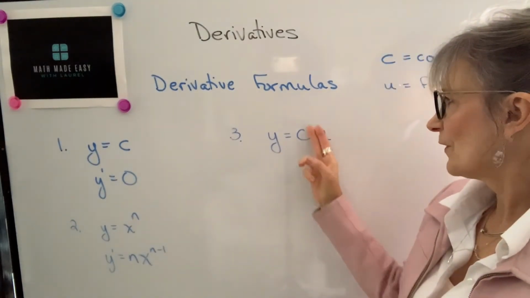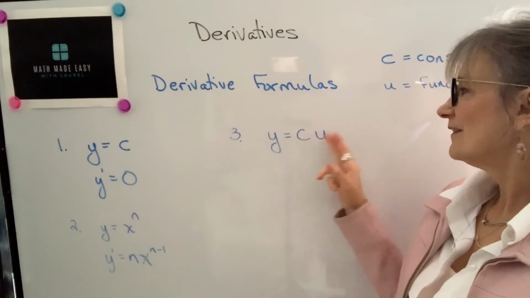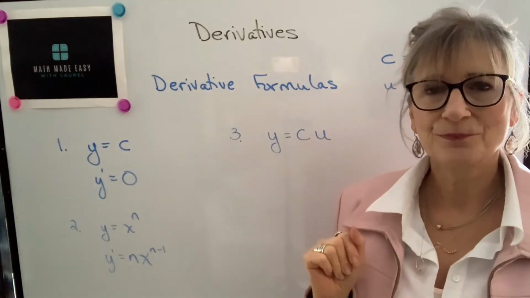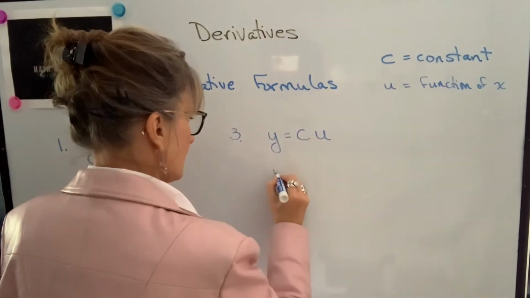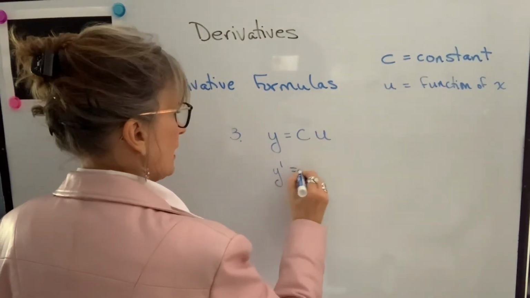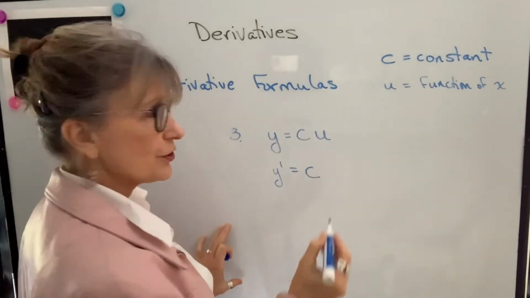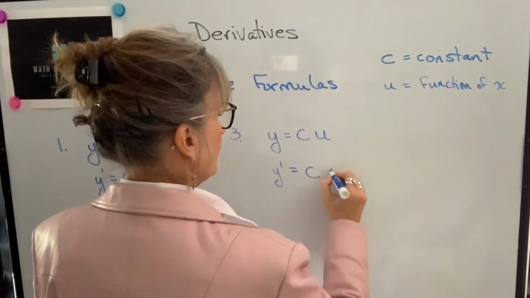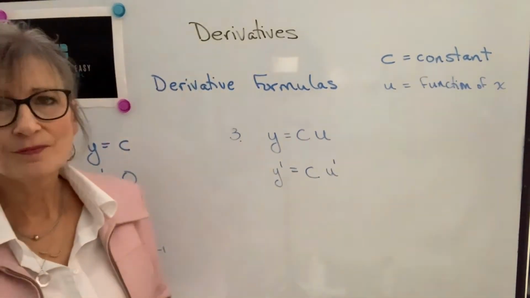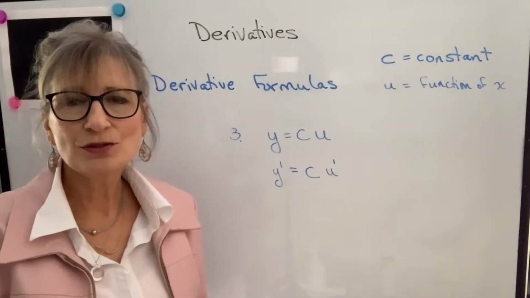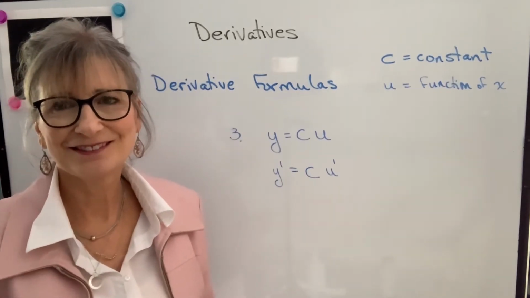But if you have a coefficient times a function, then this is the rule we're going to apply. The derivative of a constant or coefficient times a function will simply be the constant or the coefficient times the derivative of the function.